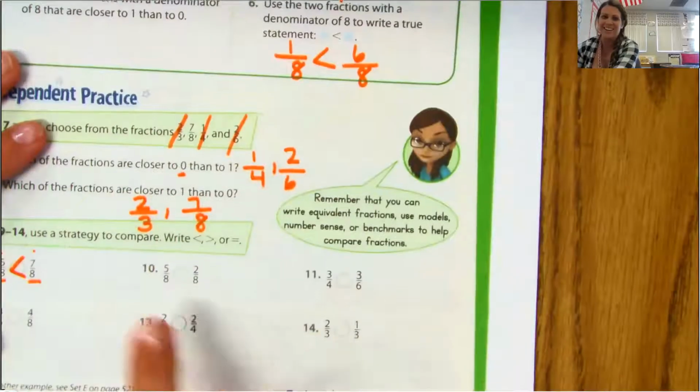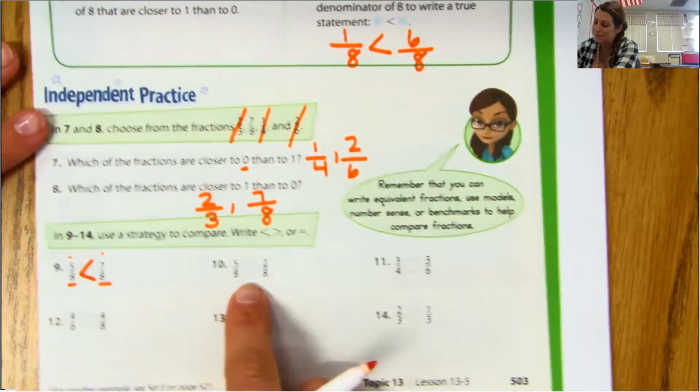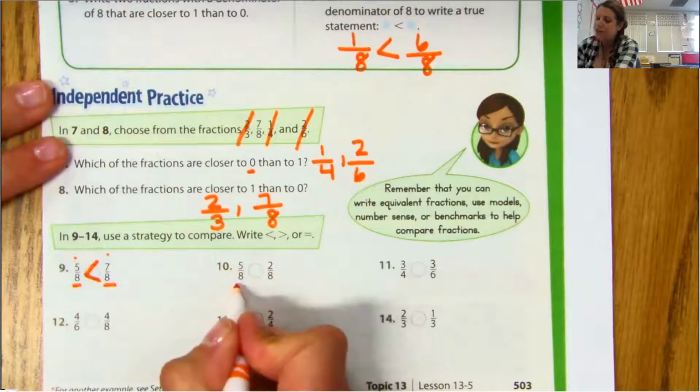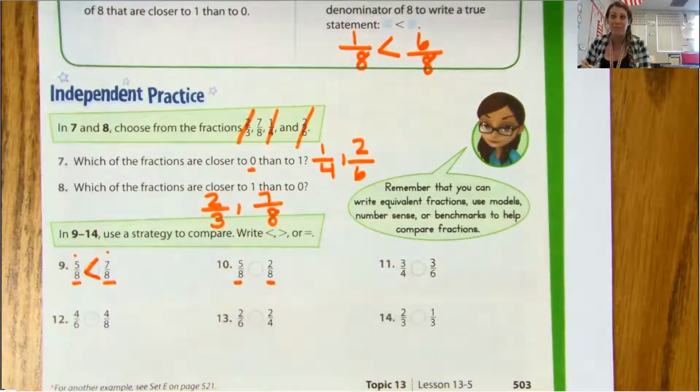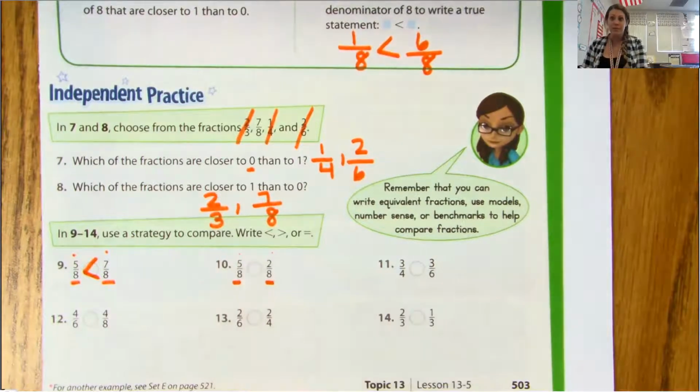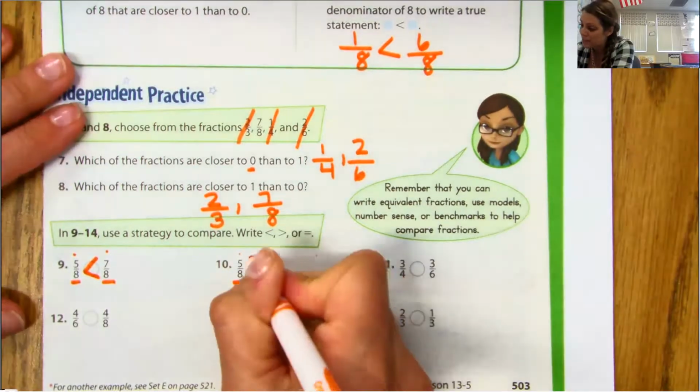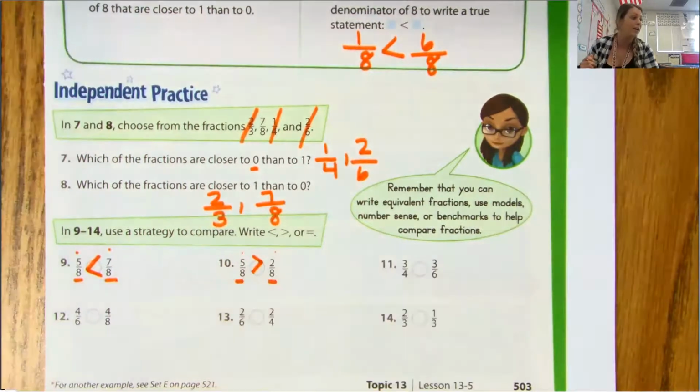All right. Oh, we've got another one where the denominators are the same. We love those ones. Then we just look at our numbers. 5 or 2, which one's greater? 5, right? So 5/8 is greater than 2/8.